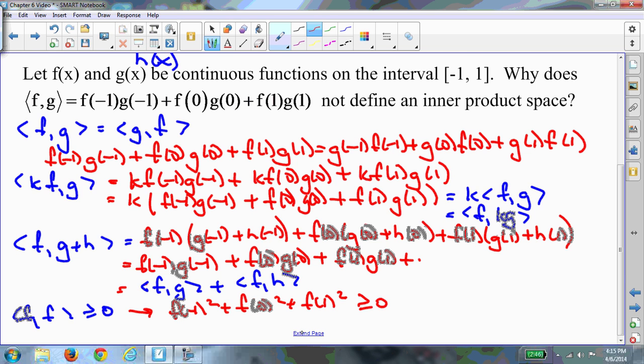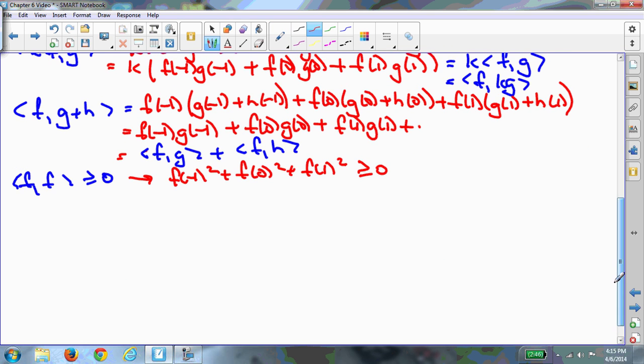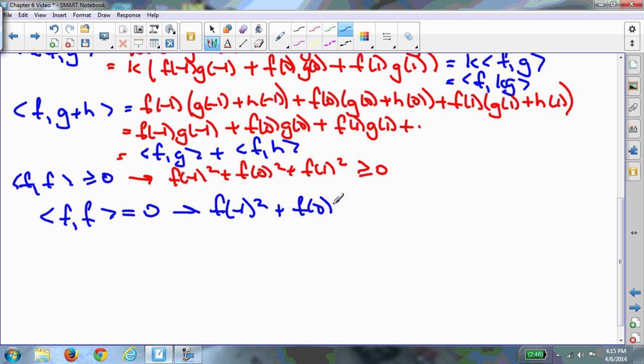But the last property, <f, f> = 0, would mean f(-1)^2 + f(0)^2 + f(1)^2 = 0. But this does not imply that f has to equal 0.